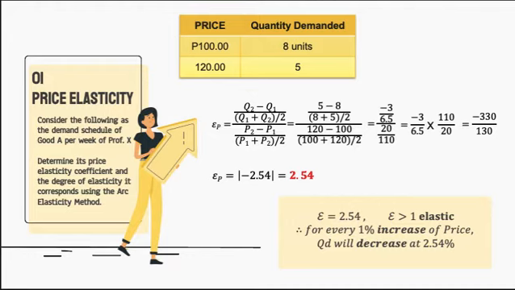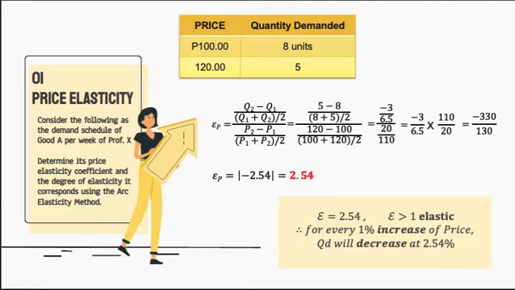Consider the following as the demand schedule of good A per week of Professor X. Determine its price elasticity coefficient, and the degree of elasticity it corresponds to using the arc elasticity method. The result is 2.4.